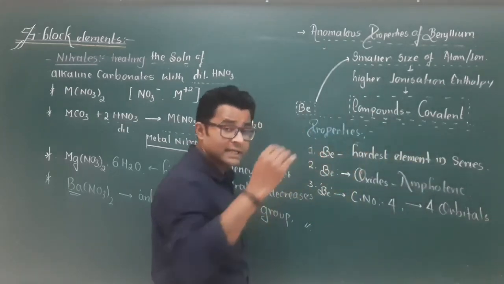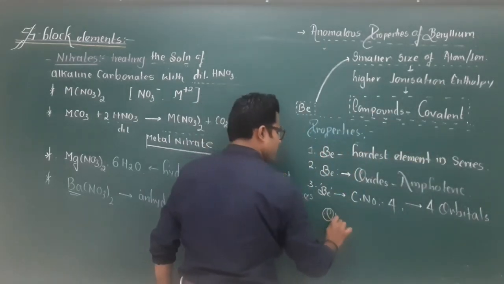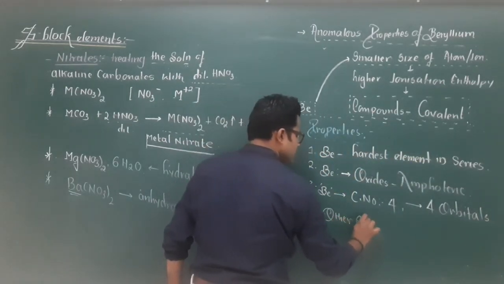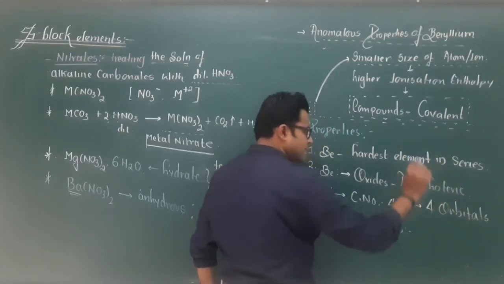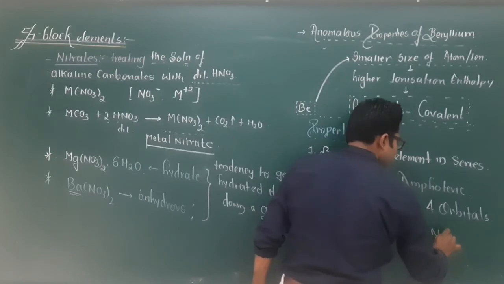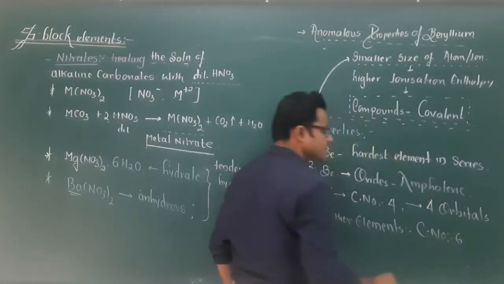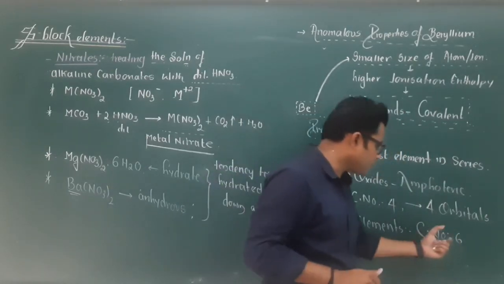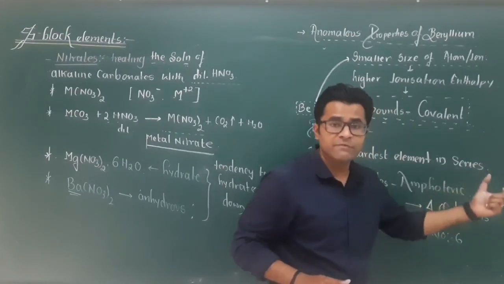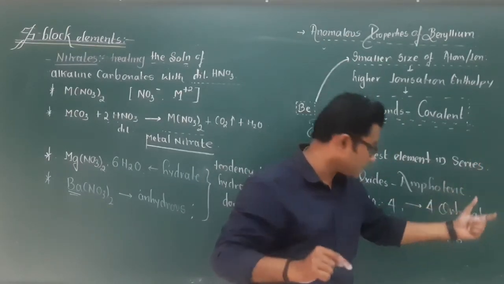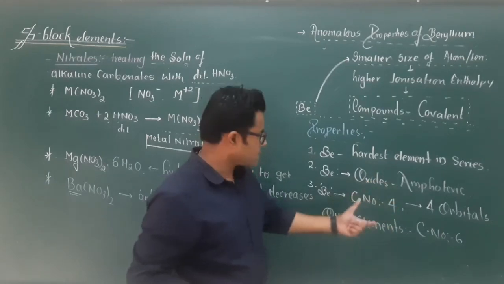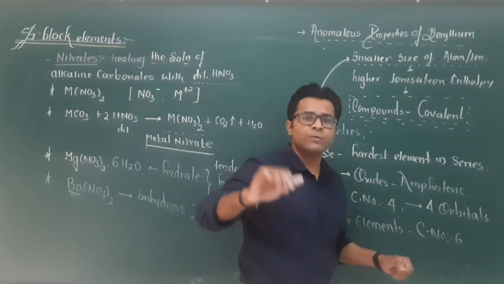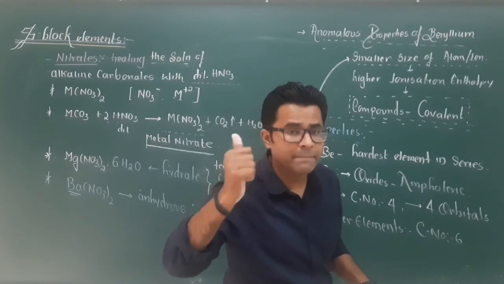The other elements have the capacity of a coordination number of 6, because even the d orbitals are involved in their case. But in the case of beryllium, there is only the s orbital and the p orbitals.